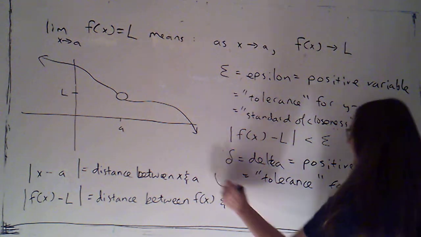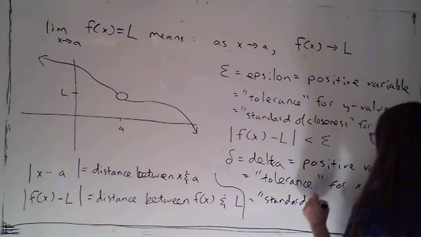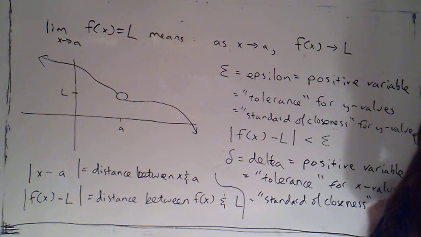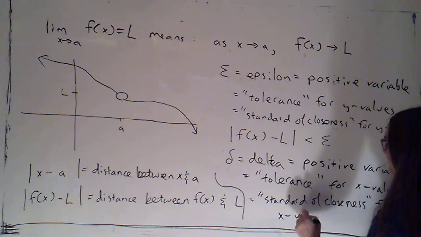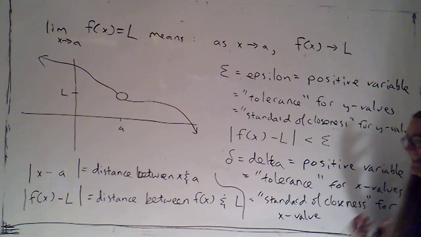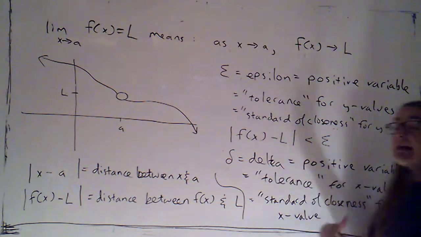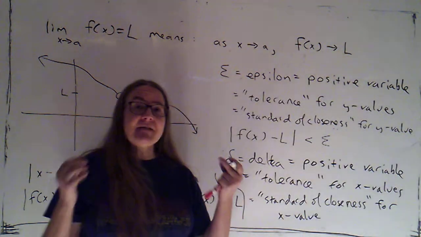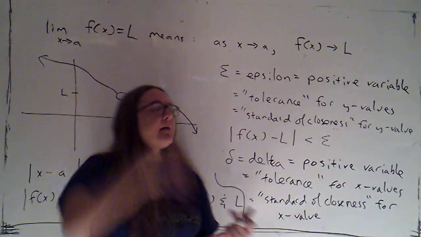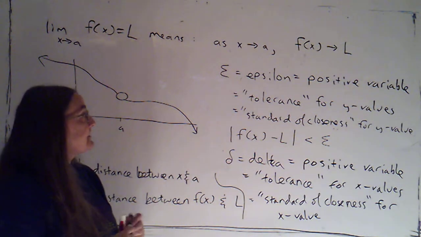Or another way of saying that is it's my standard of closeness for the x values. So that we'll say the x values are close if the distance between them is smaller than delta. But again, it's a variable so that I'm not just looking at one specific case for this number, but I'm trying to basically show that we can get arbitrarily close.